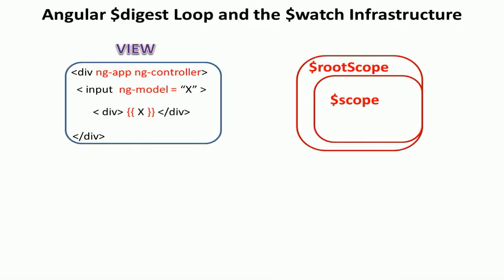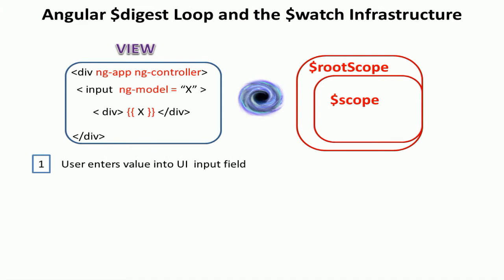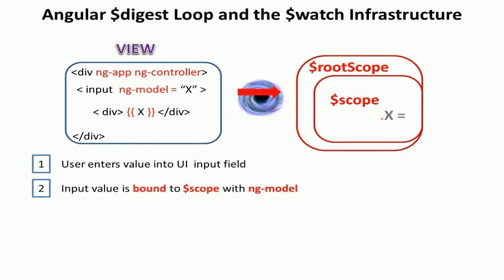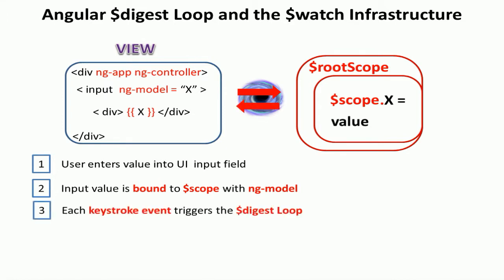Here is another visual depiction of the digest loop and watch infrastructure. Step 1. The user enters a value into the UI input field. Step 2. This input value property X is bound to scope by the ngmodel directive. Step 3. During entry of the value into the input field, every keystroke triggers the digest loop.